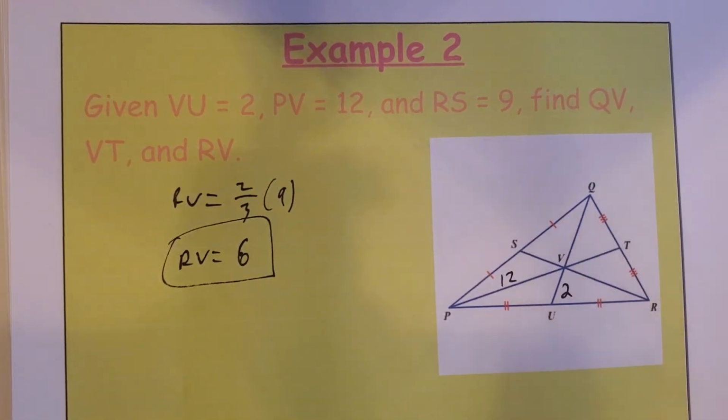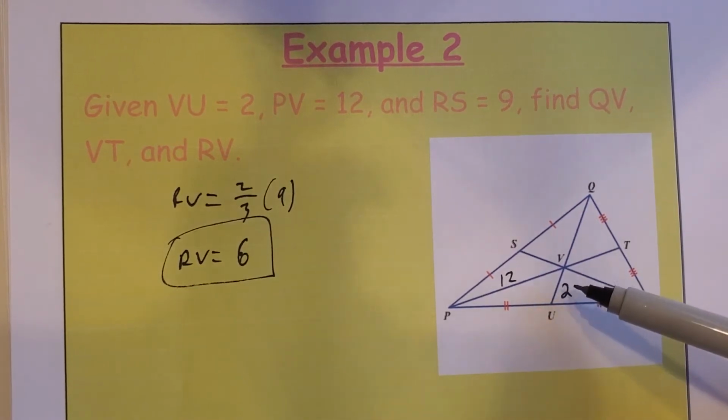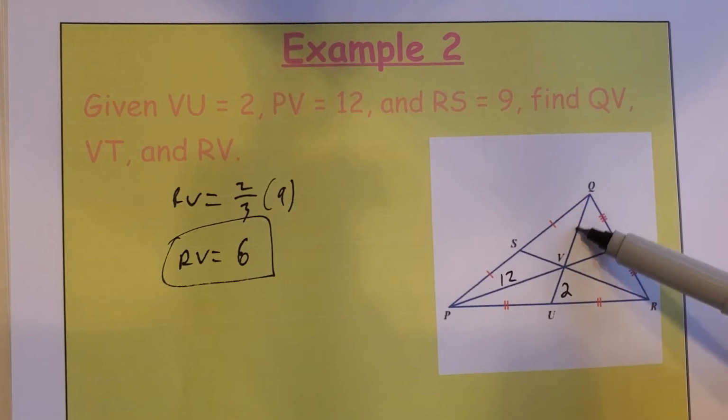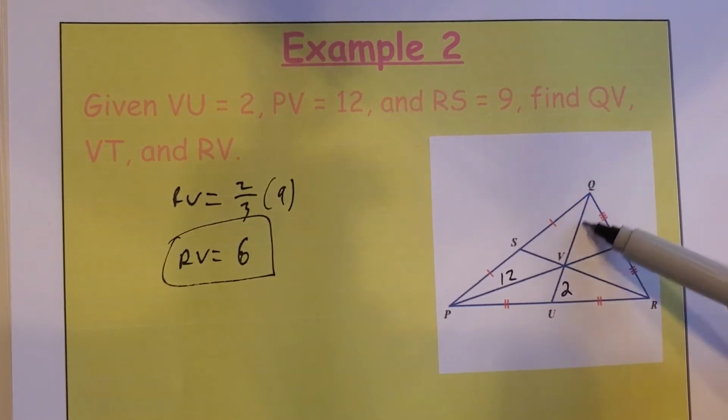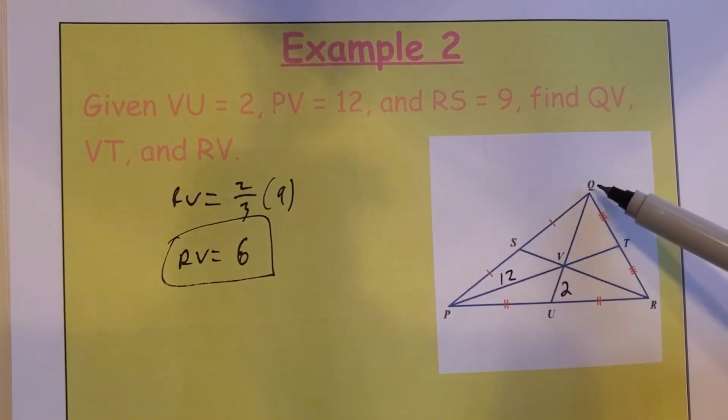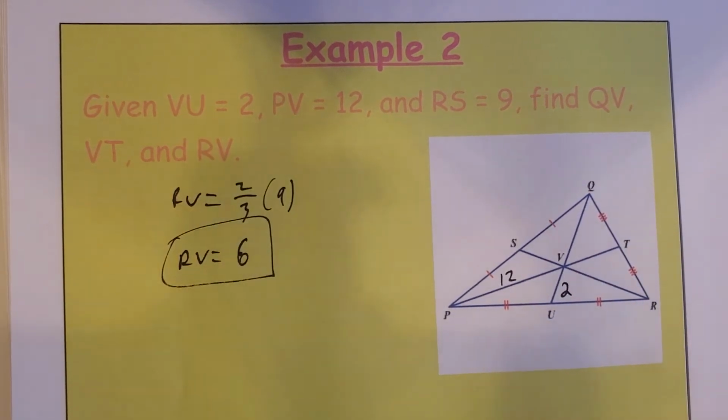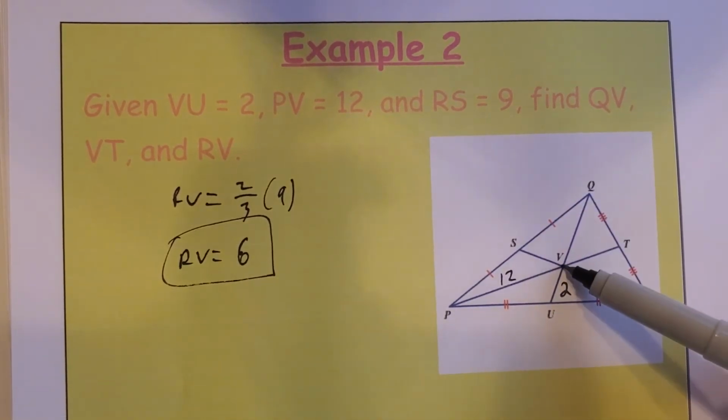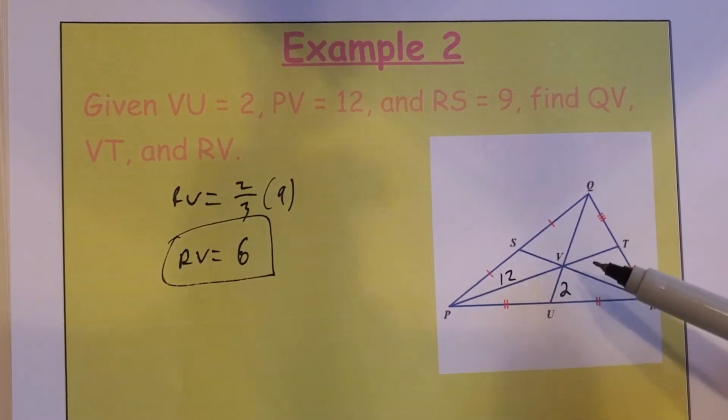QV and VT are a little bit different. So we'll go with QV first. We know that QV, because it's the distance from the vertex to the centroid, is 2/3 of the length of QU, which we don't know. We know the length of VU. VU is the remaining part, so if QV is 2/3, VU is going to be 1/3.